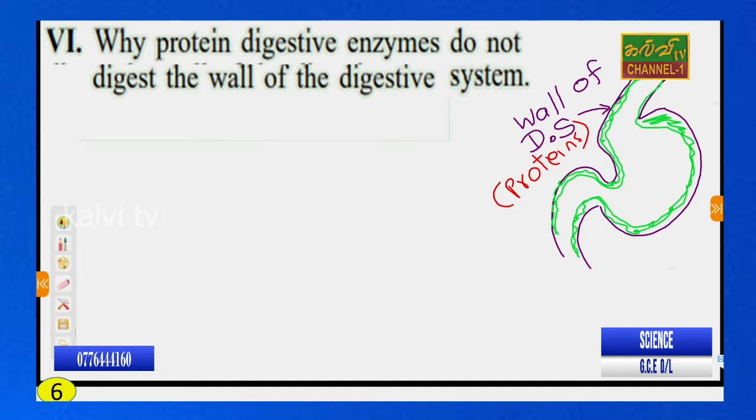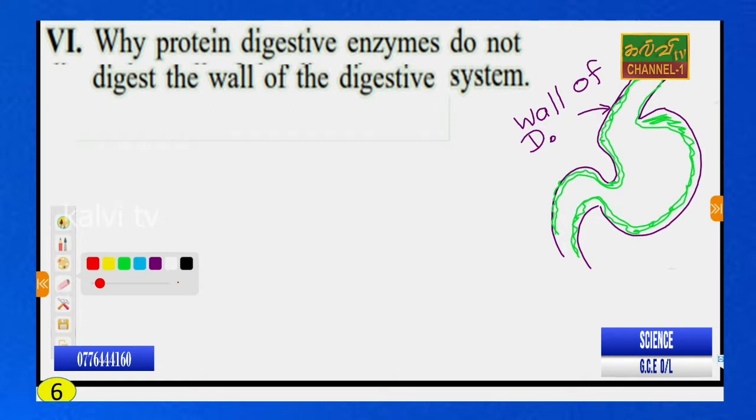Proteins are there, but the protein is not digested there.